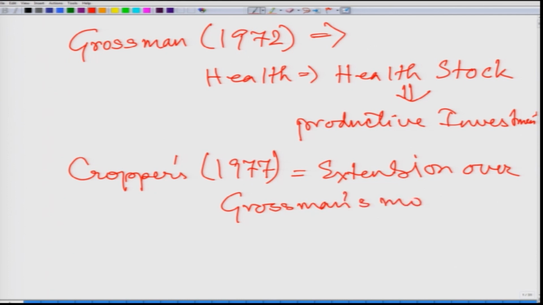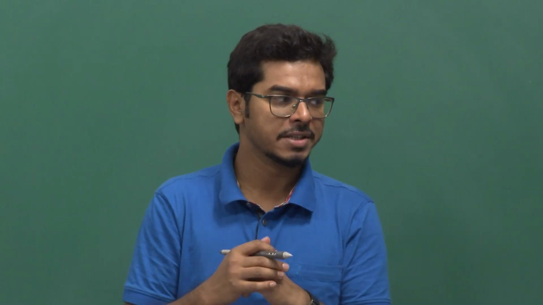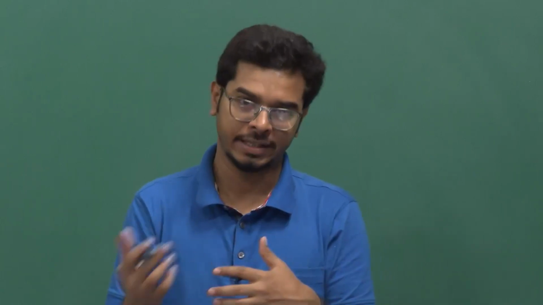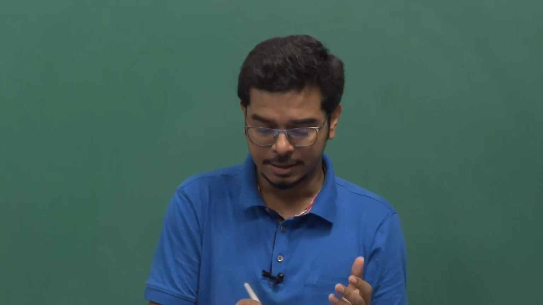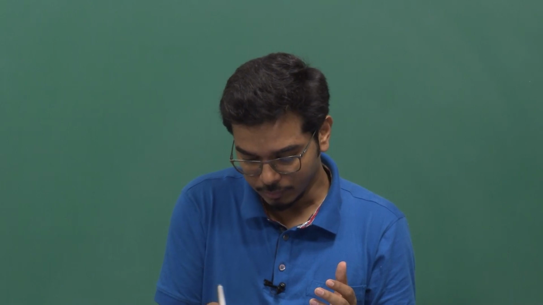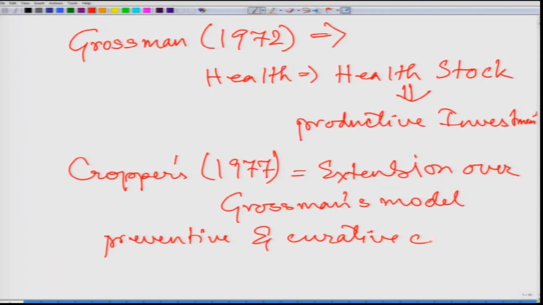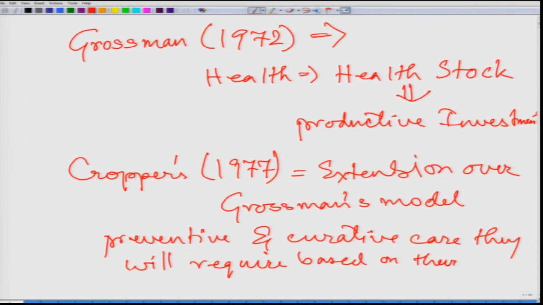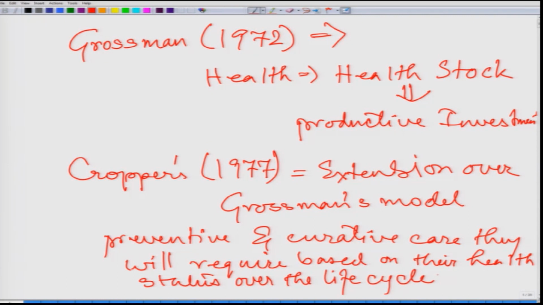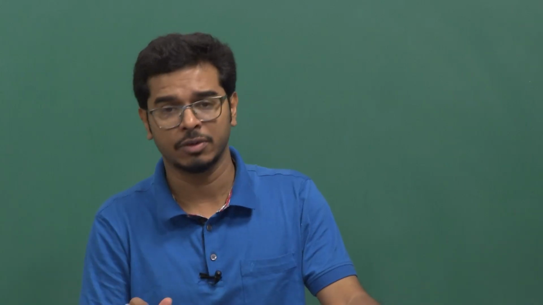Here he took it to the utility maximization framework, where he says that individuals' demand for health stock is generally determined by the preventive and curative care they will require based on their health status over the life cycle, and this will differ from individual to individual, and hence the demand curve or the indifference curve will differ from individual to individual.